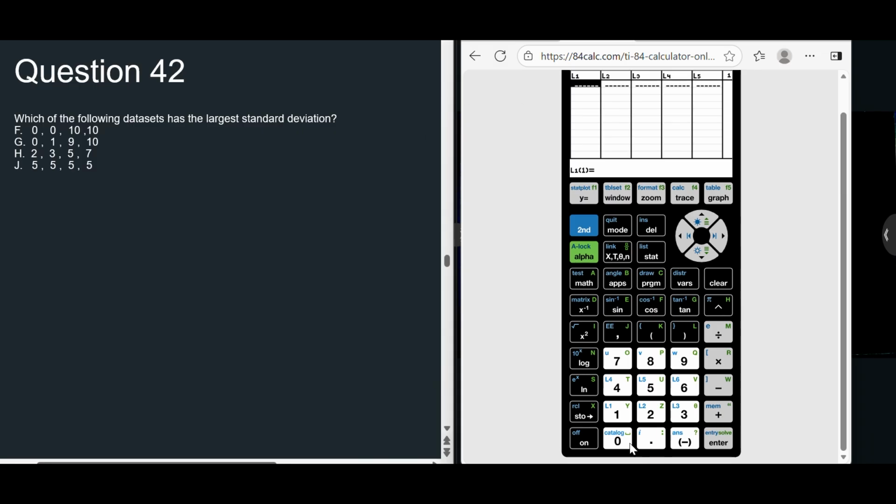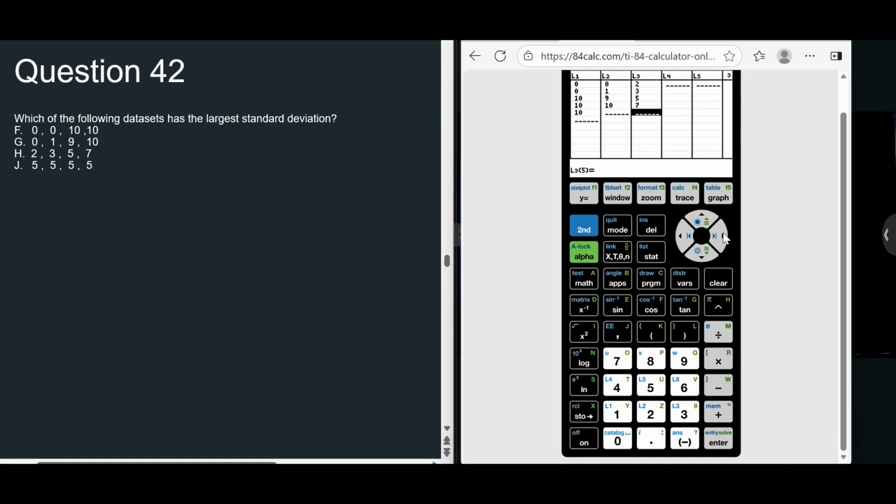So here we go. I have 0, 0, 10, 10. Then I have my next one, 0, 1, 9, 10. I have 2, 3, 5, 7.